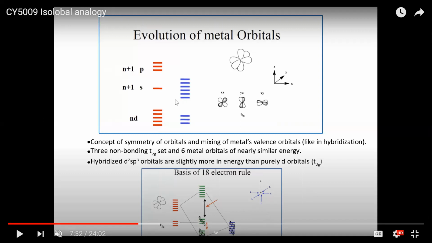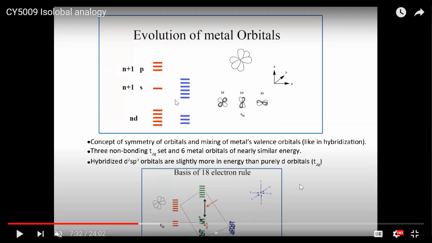and therefore all the 12 electrons usually fill up the bonding molecular orbitals. And the remaining, if all the d orbitals, which are the T2g set, are completely filled, then you get an 18 electron complex, which is very stable because all your bonding molecular orbitals are filled. And sometimes less than 18 electron complexes are also stable, because less than 18 means the number of electrons in this T2g set is not complete.